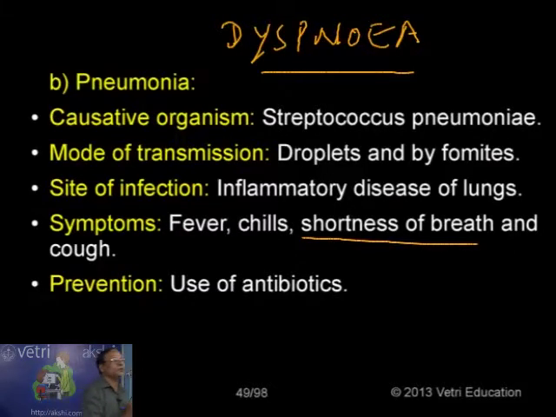The sputum is normally yellow in color, so there is release of yellow sputum, and also cough. The shortness of breath is because of the accumulation of mucus. All of these are related to the respiratory system.